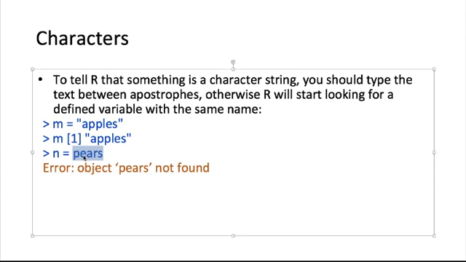And given that this is not numeric, it cannot assign it to this value, you're going to get an error, object pair not found. So if you wanted to assign a set of characters to a variable, then you're going to need to use quotes. So m equals apples, in quotes, this assigns this value apples to m.